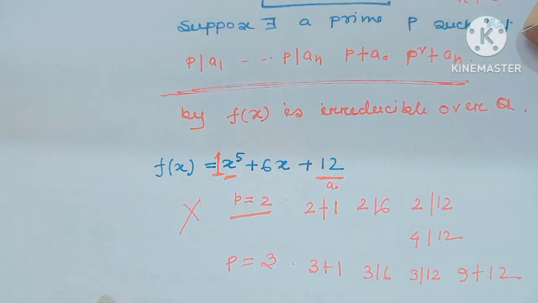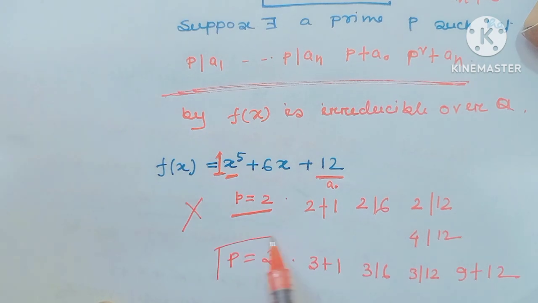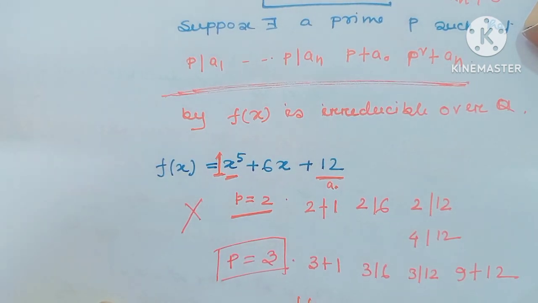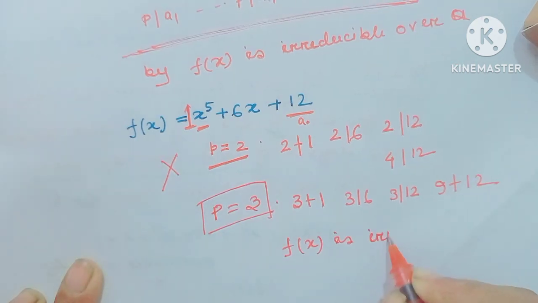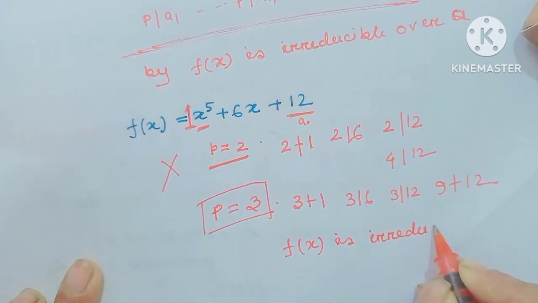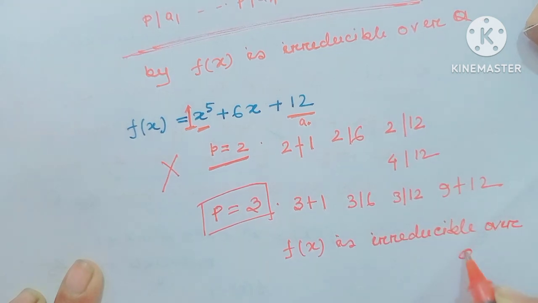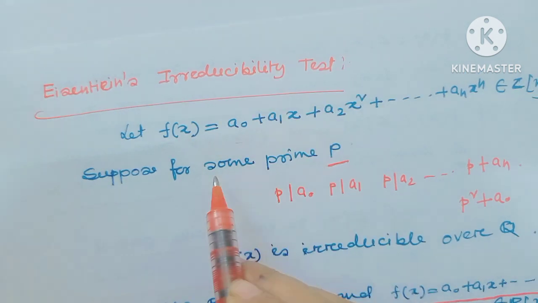So, by this prime, we can tell f(x) is irreducible over Q.